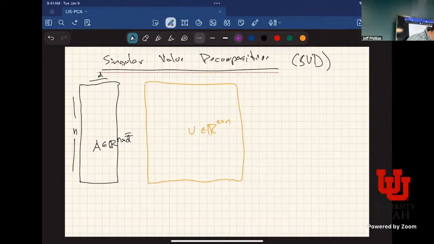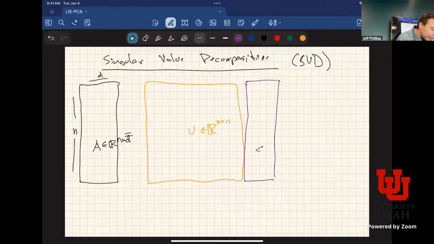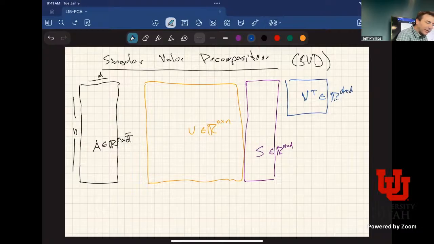Okay, the next one, S, is going to be N by D. That seems not so bad. And then finally, we're going to get another one, which we're going to call V transpose. It's going to be D by D.